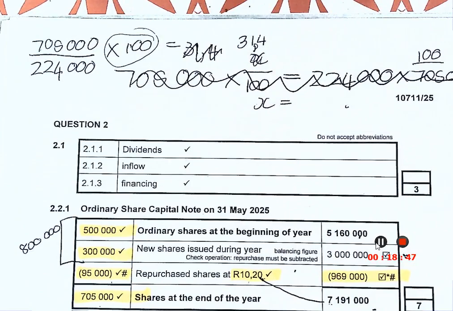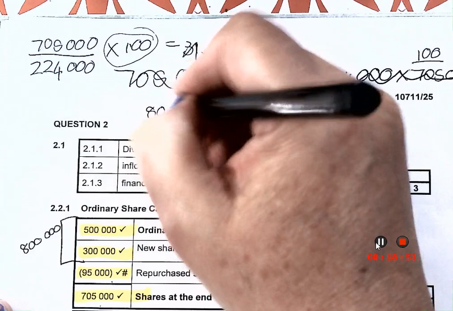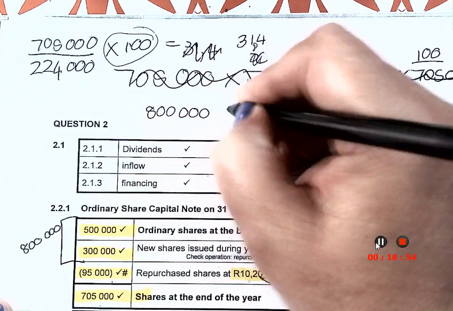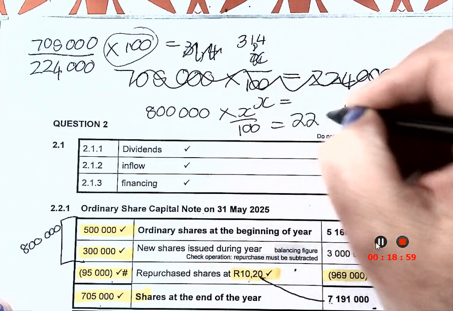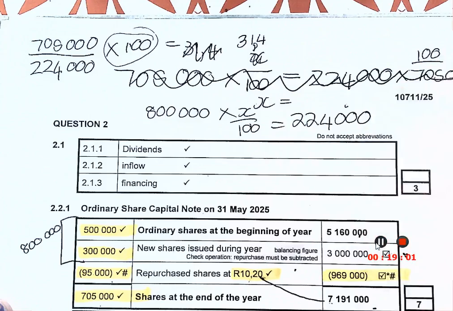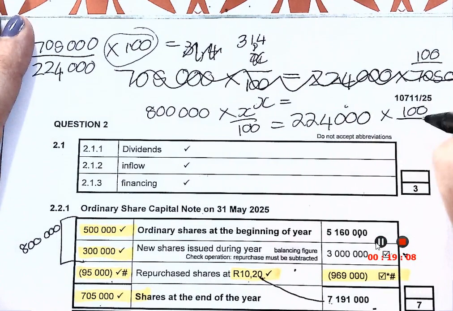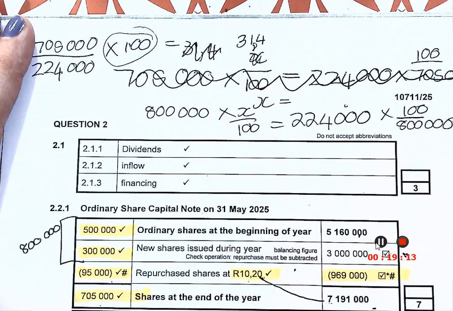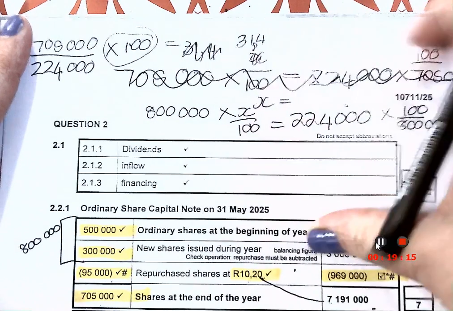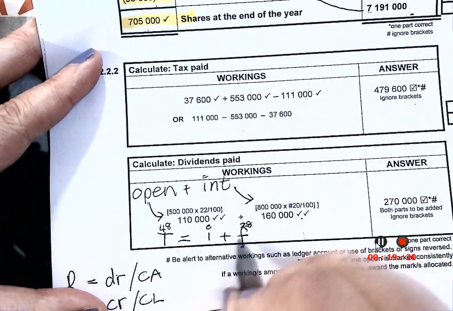So if I say 800,000 times x over 100 gives me 22,400, so I'm going to say 22,400 times 100 over 800. What do I get there? 28. So now I know my final is 28. So 48 minus 28 gives me the 20.